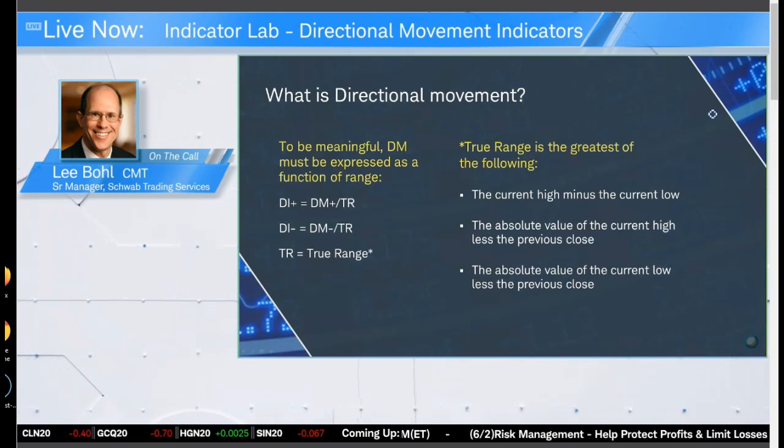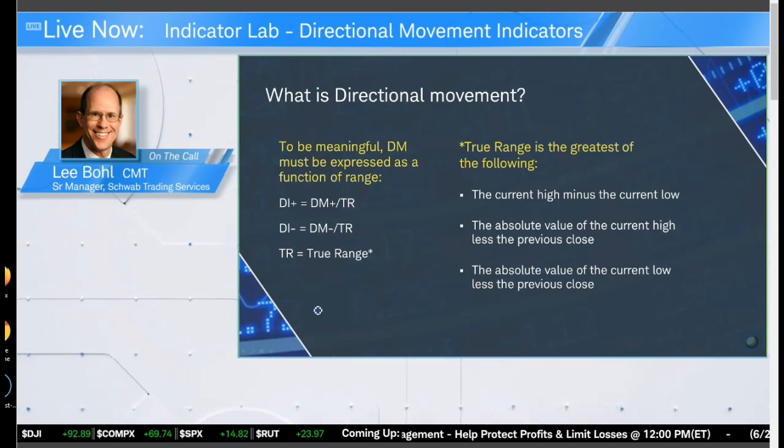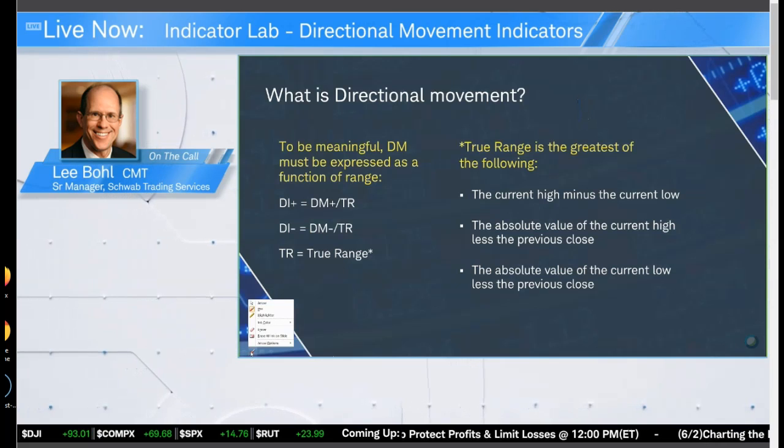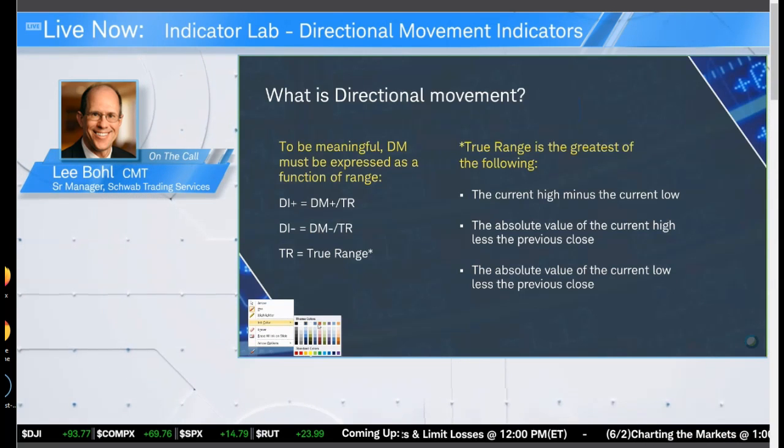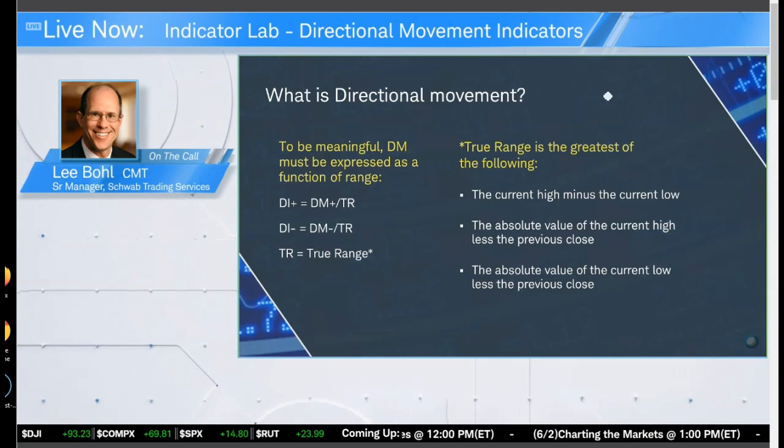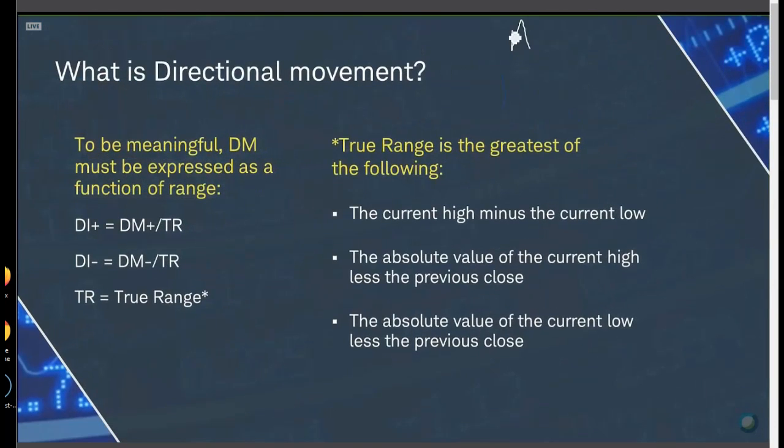All this does is, let me explain it like this. Let me put a different pen color here, and we'll try to explain it a little bit differently. Let's say that we have two stocks that are the same price, A and B. This is today's range on A, this is today's range on B. You would say, just looking at this, that A has a bigger range.